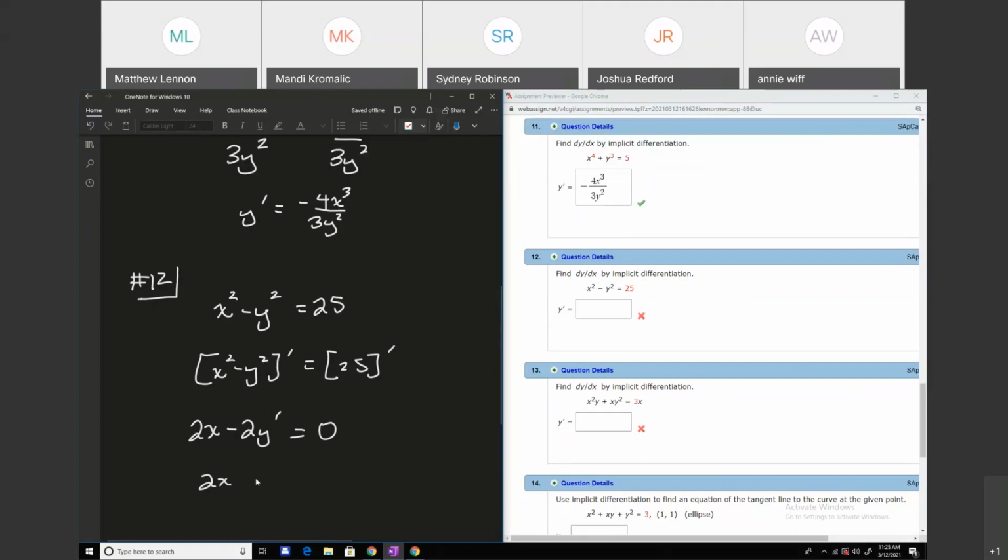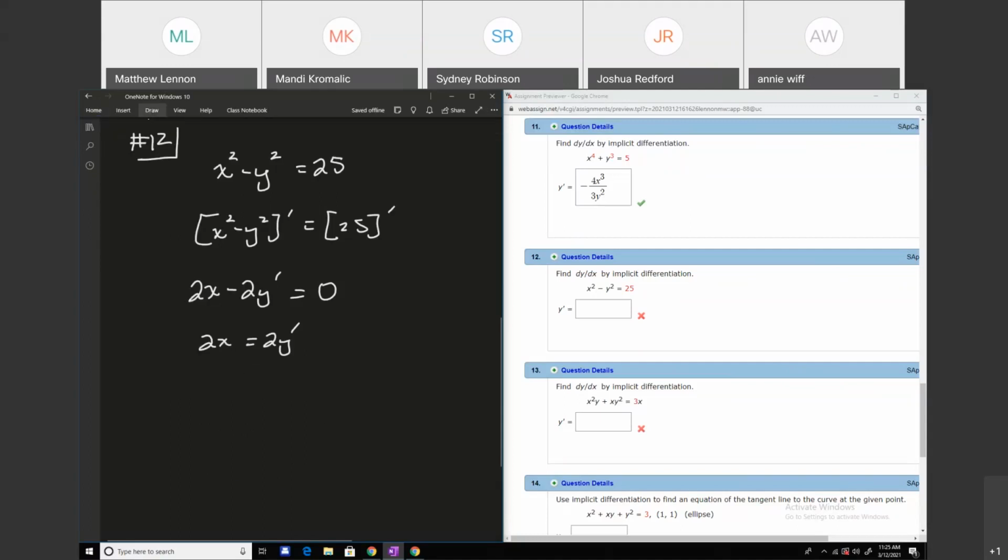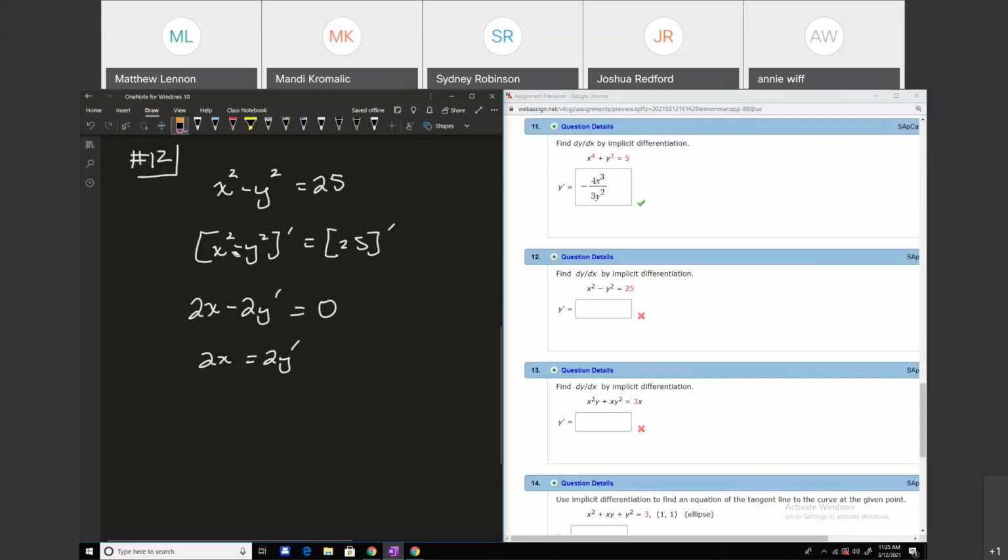So you could add 2y y prime, and you get 2x equals 2y y prime. I forgot to write down y. The derivative of y squared should be 2y y prime. So then on the right we have 2y times y prime, and we just divide on both sides by 2y.